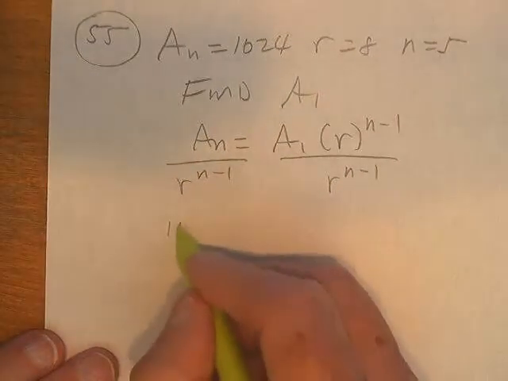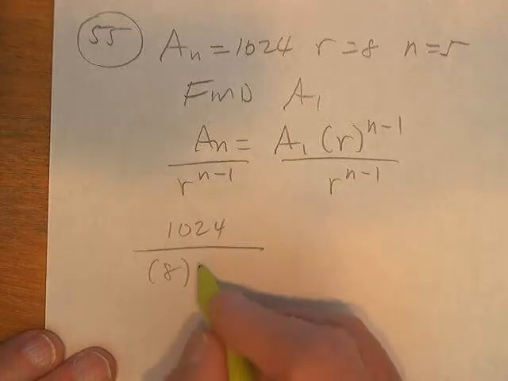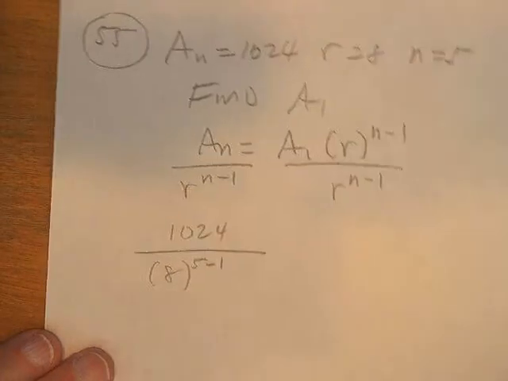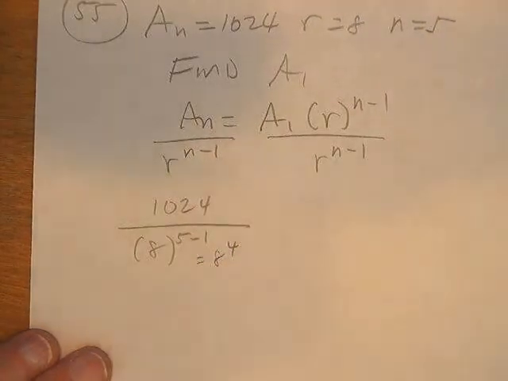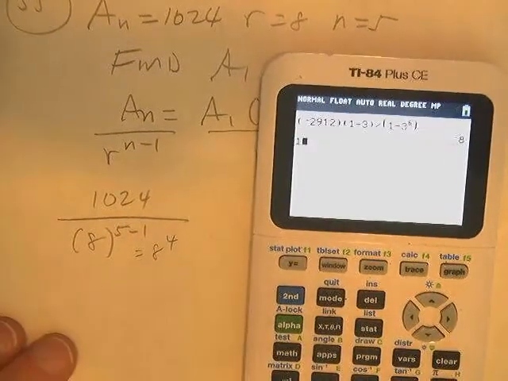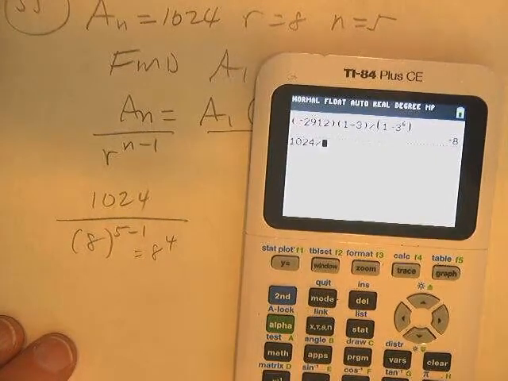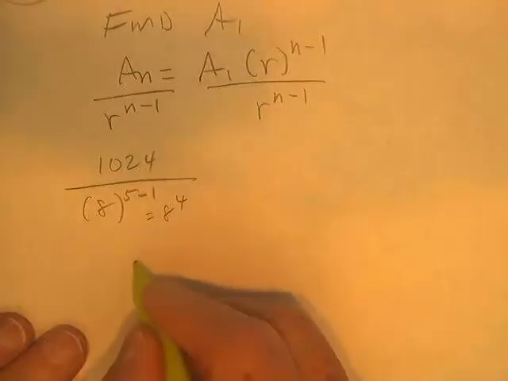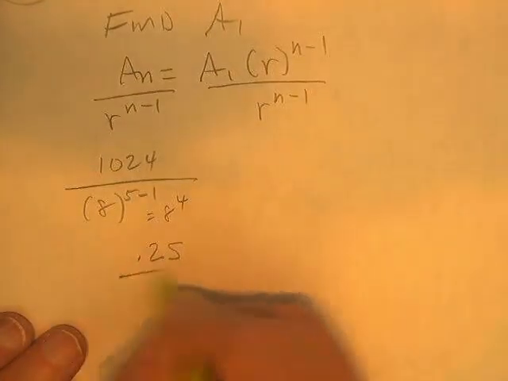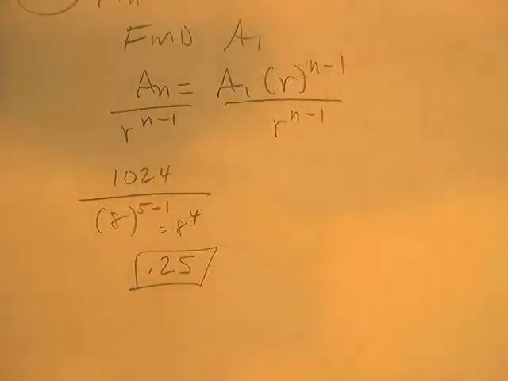So I would get AN divided by R to the N minus 1, which would be 8 to the 4th. 1024 divided by 8 to the 4th. Point is a quarter. Okay, and that was the answer on that one.